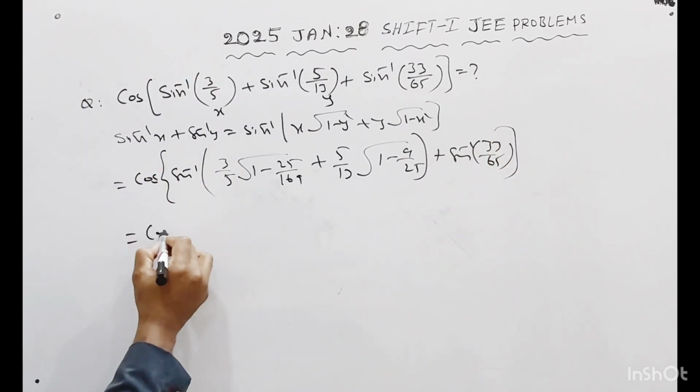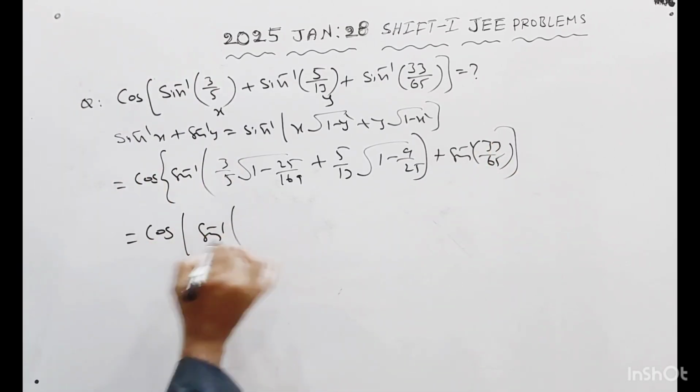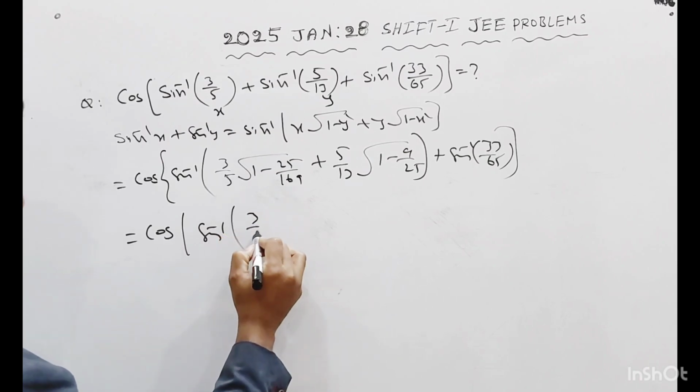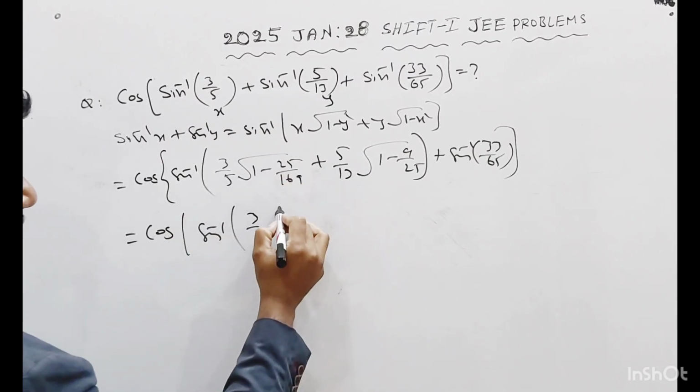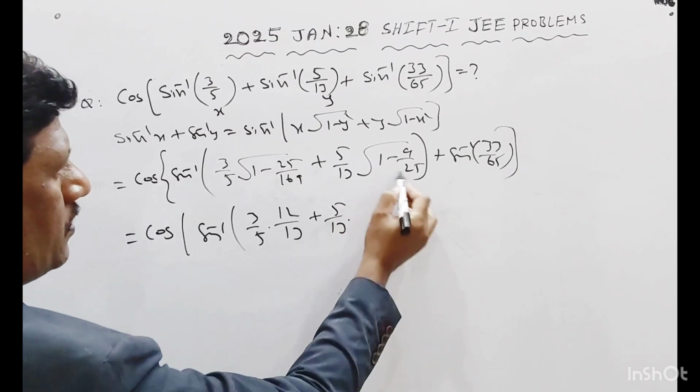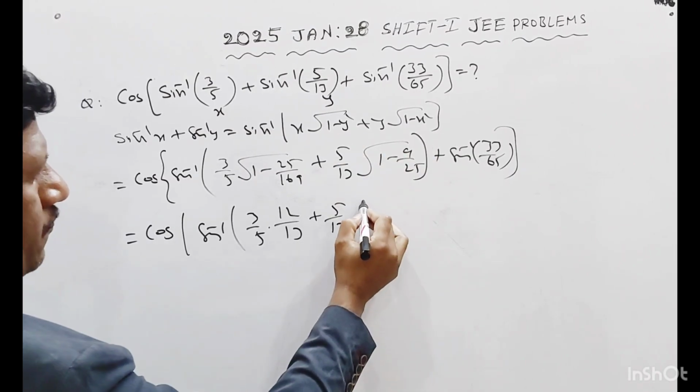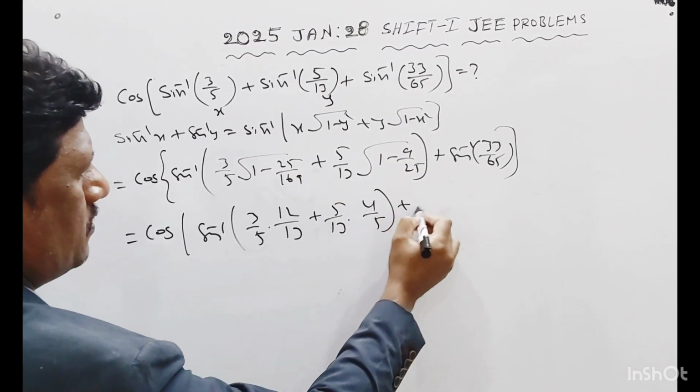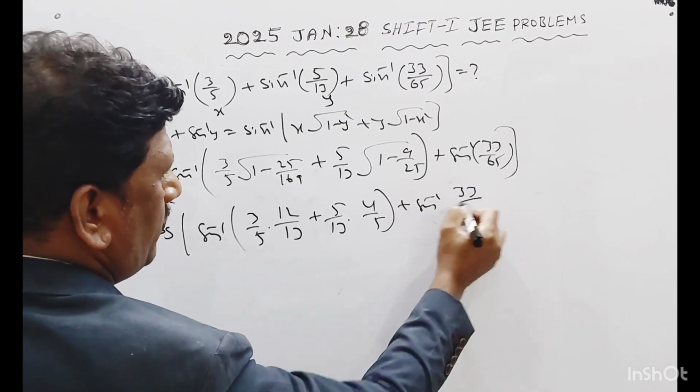After simplification, you will get 3 by 5 into 12 by 13, plus 5 by 13 into 4 by 5, plus sine inverse of 33 by 65.